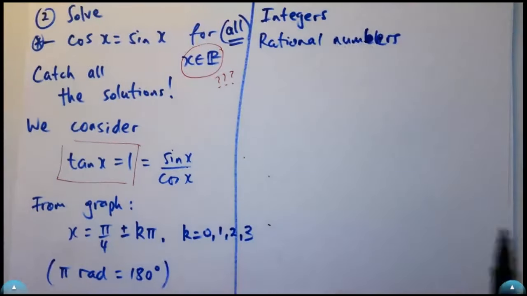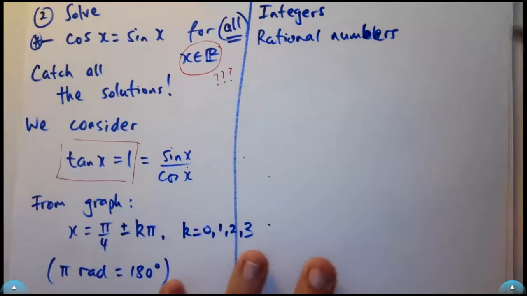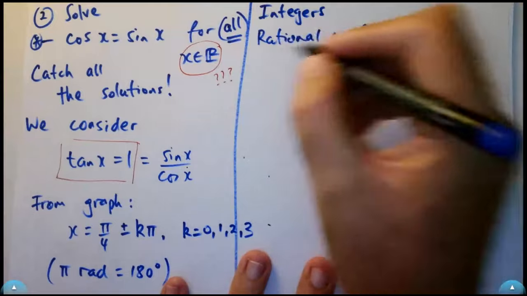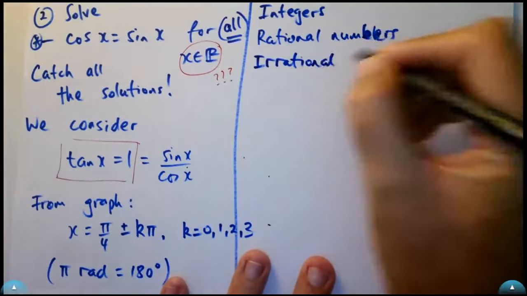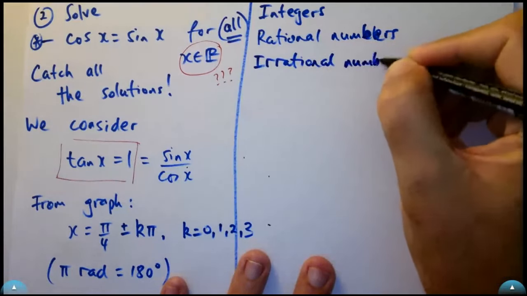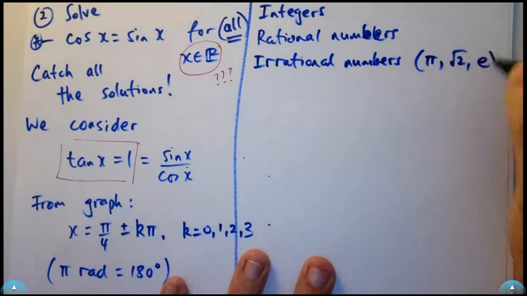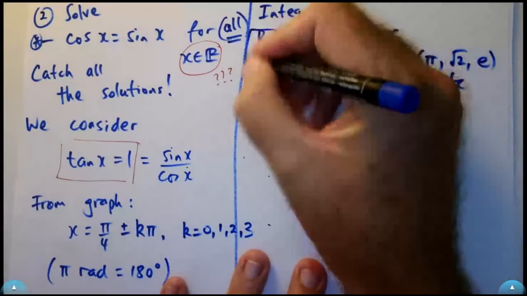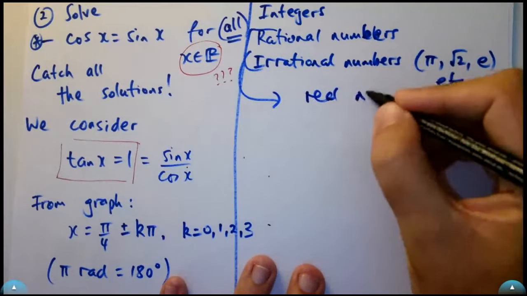So that's when you have one integer divided by another integer. And then you have irrational numbers like pi, root 2, e, etc. And together, these two things make up the real numbers.